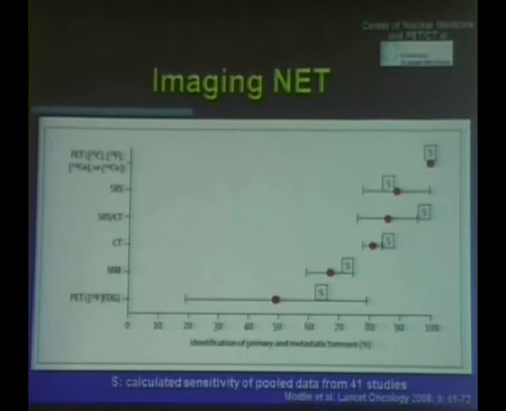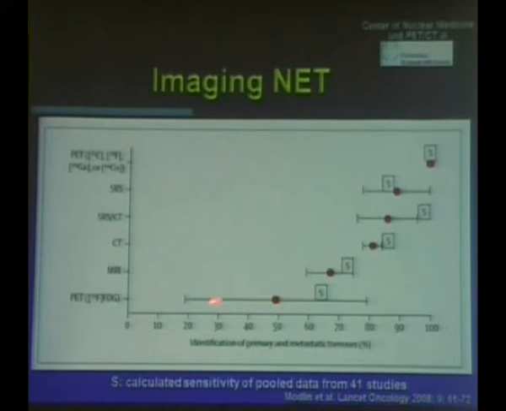Why? Because well-differentiated neuroendocrine tumors show no significant uptake, and vice versa, poorly differentiated tumors show a very high uptake of FDG, but this is a smaller group than the other ones.